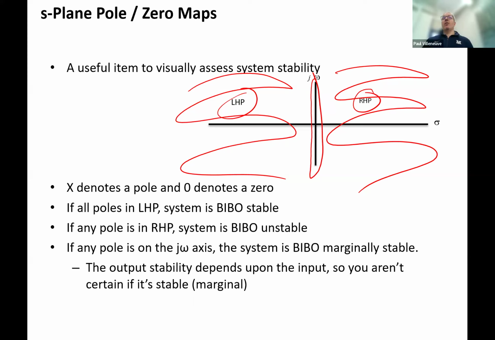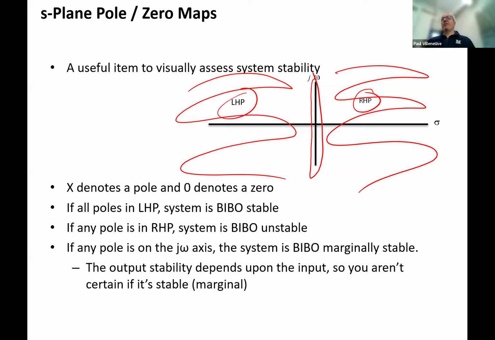You need to know what the input is to determine that. So you give it as a marginally stable system, and then you tell the owner, buyer beware, because if you hit it with a unit step and it has an integrator in it, it's eventually going to be unstable. Or if you hit it at its natural frequency, then it's going to be unstable. So you can tolerate marginally stable systems, provided you have limits on your inputs, which means you're never going to get into those bounds.